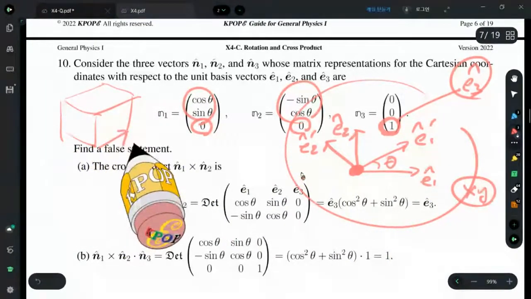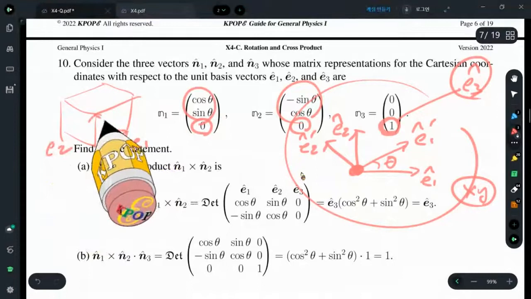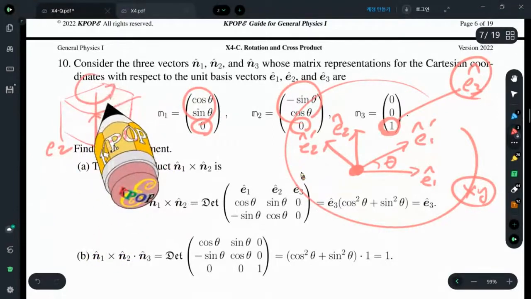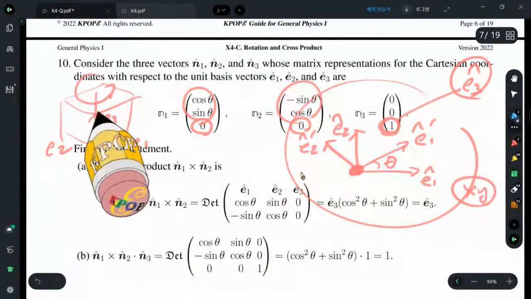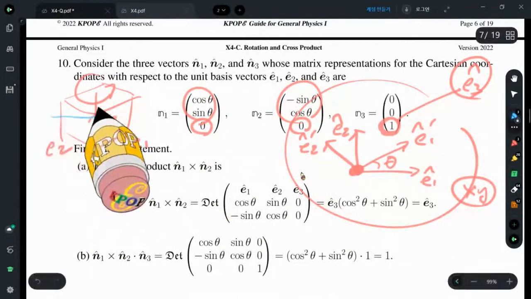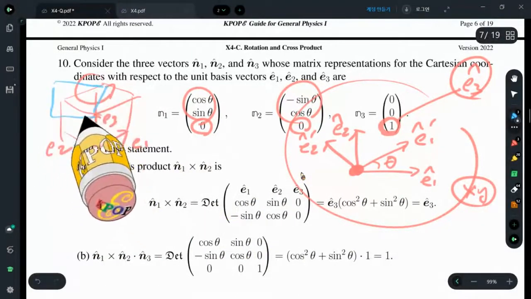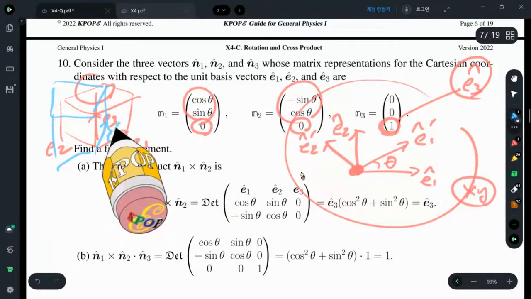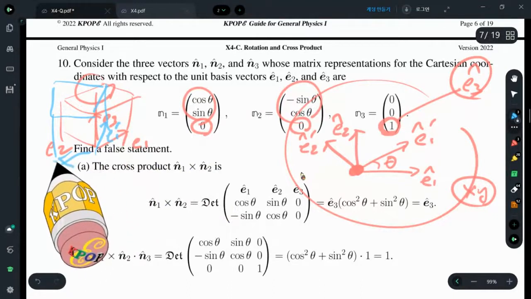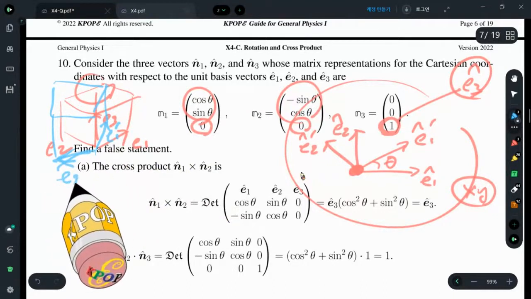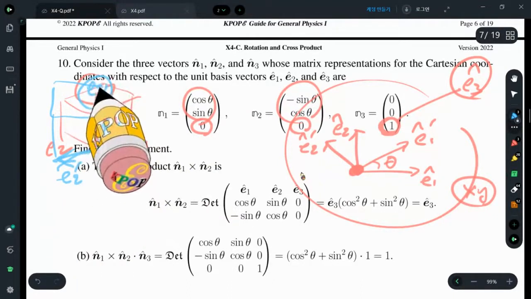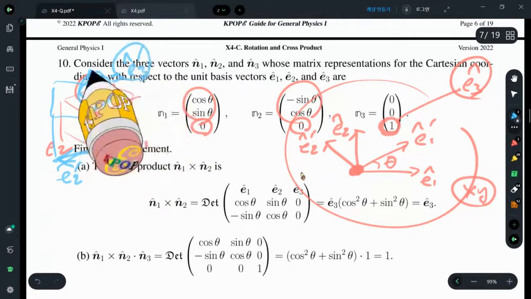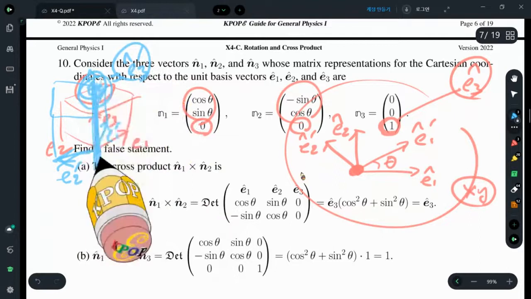For example, this E1, E2, and E3, and if you rotate about this axis, then this one becomes E1 prime, and this vector becomes E2 prime, but this E3 is the same as E3 prime. That does not change, since it is the axis of rotation.